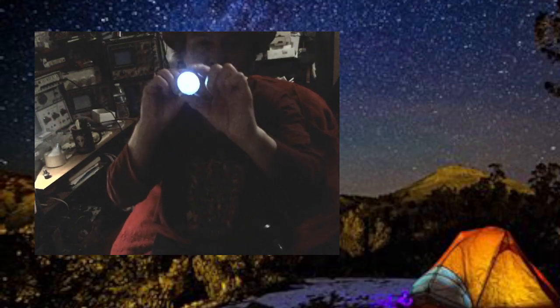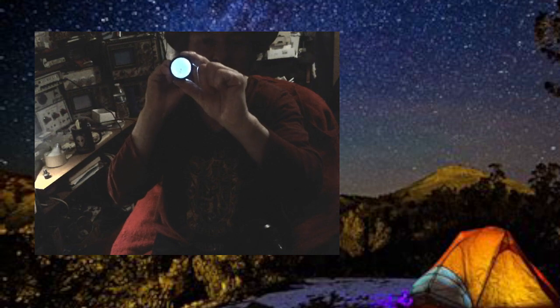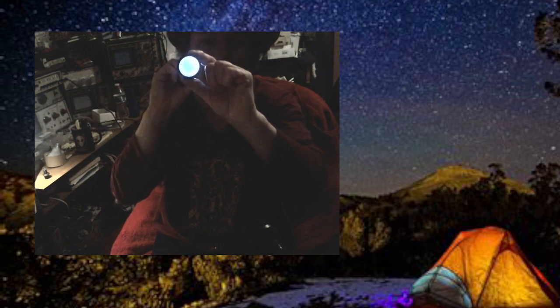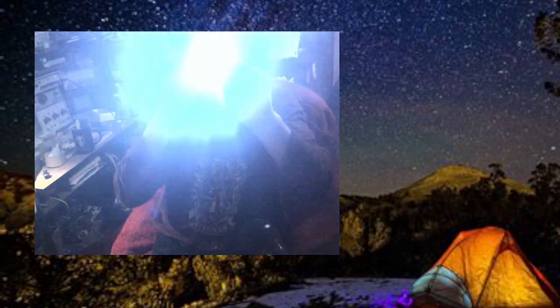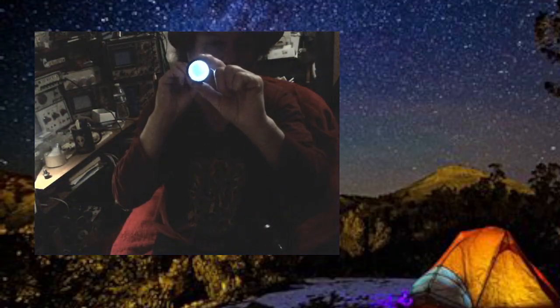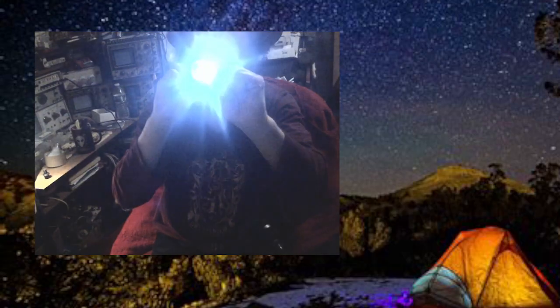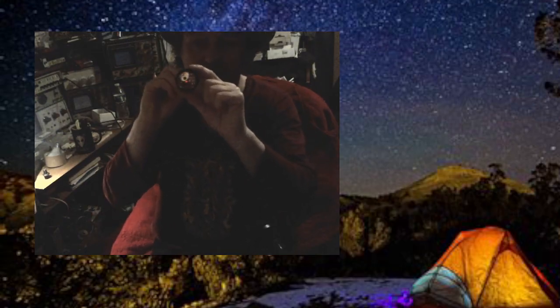What happens if I put this right into the camera here? All right. I'm going to slide this over to the camera. You could burn the CCD out, you know, if there's too much light in there. There's the laser light, which is sort of like infrared.